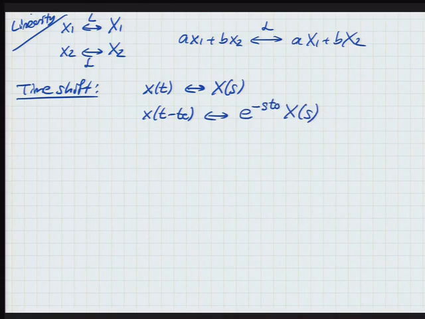Put s equals j omega, what do you see? It's the time shift property of Fourier transforms, right? Same thing. Of course it should follow, because Fourier is a special case of Laplace. Proof is simple. It's just a change of variables, not worth talking about. At least it's very similar to what we did in the Fourier transform case.